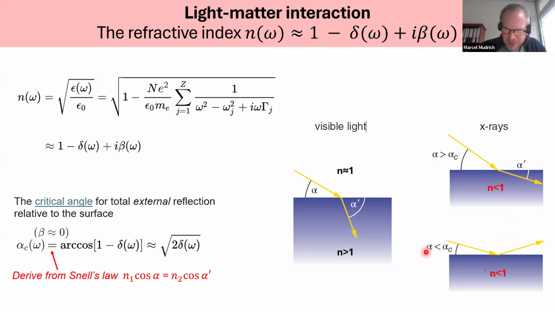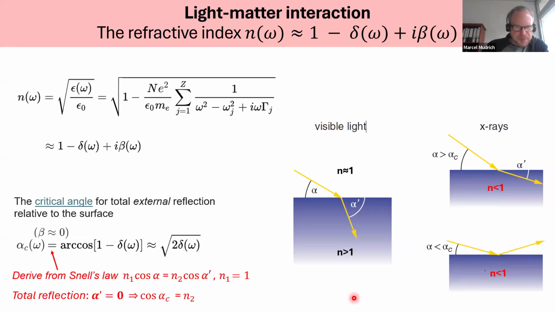When alpha, the incident angle, is smaller than the critical one, then we have total external reflection. So at the critical angle, alpha prime is exactly 0. Basically the reflected beam travels just along the interface.